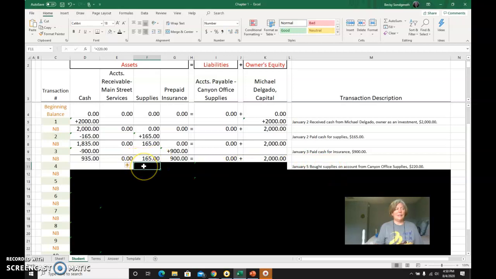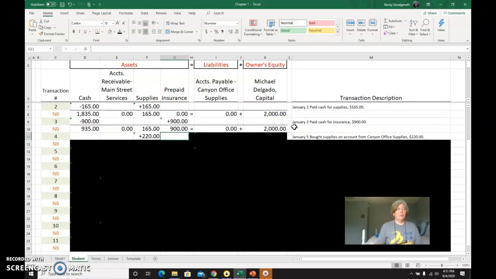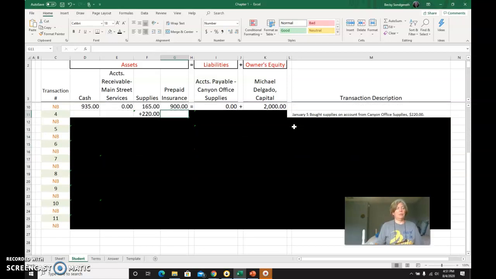So supplies has to be going up for $220. And supplies as an asset increases by $220. Did anything happen to prepaid insurance? No, it did not. I'm going to just move this up so there's not so much noise for us.